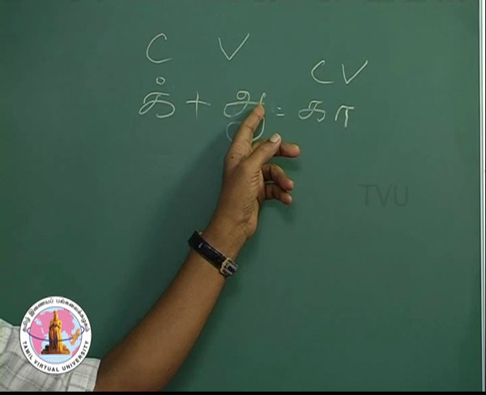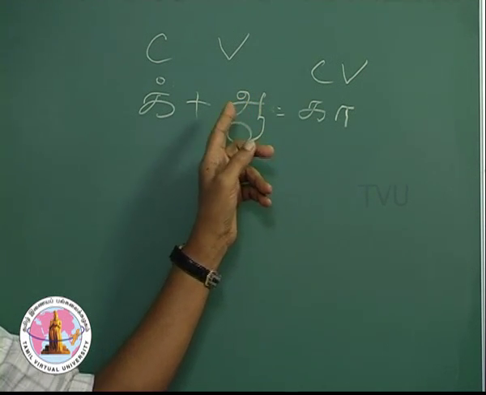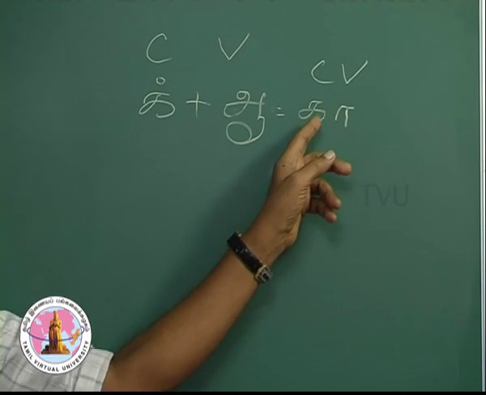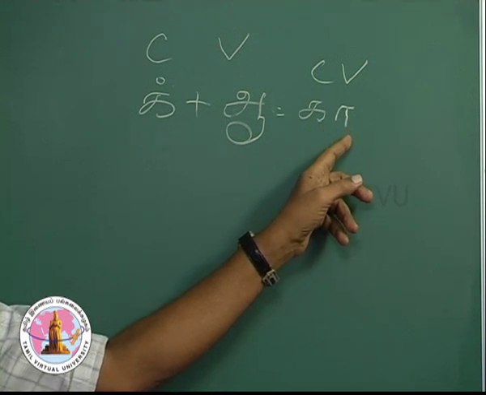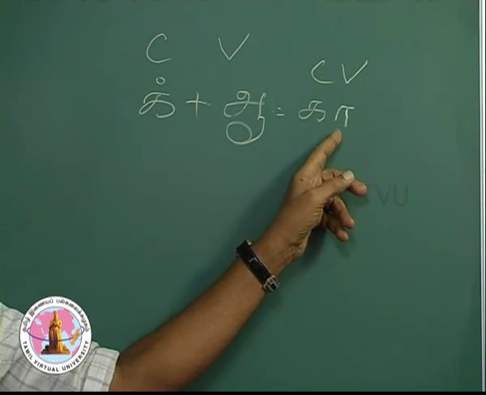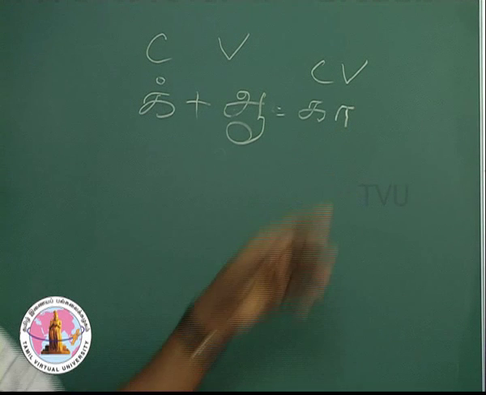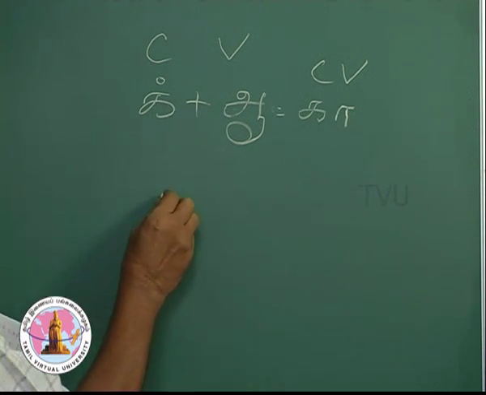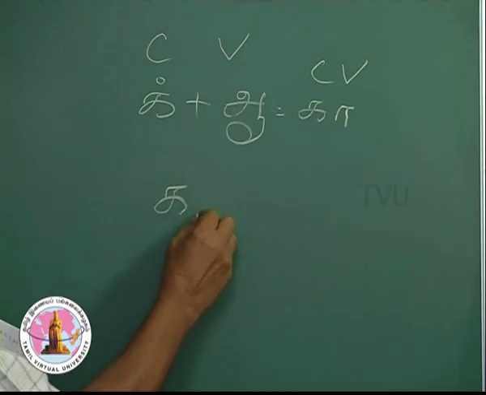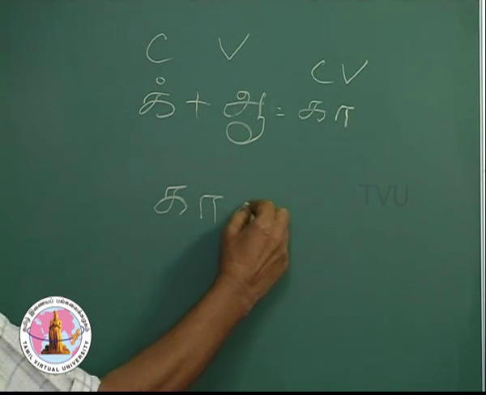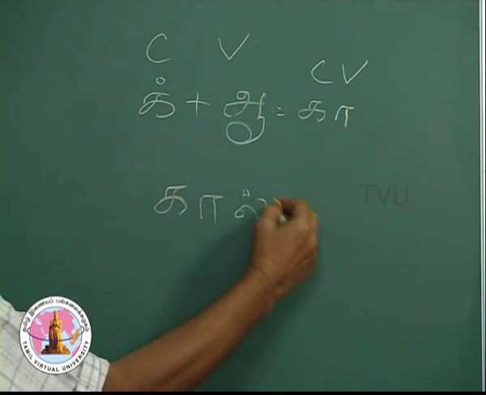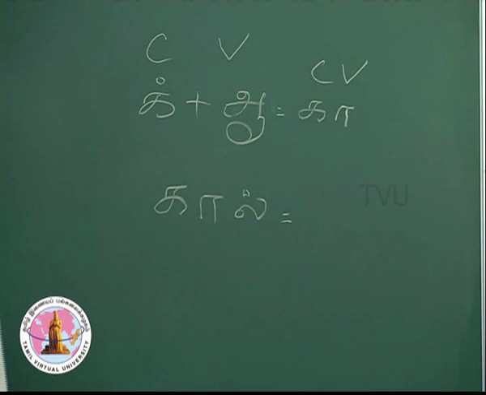O is an elongation of a. So, naturally, the consonantal vowel gets an elongated sound, ka. With this combination also, we saw a few words. For instance, kal. Kal is a leg.